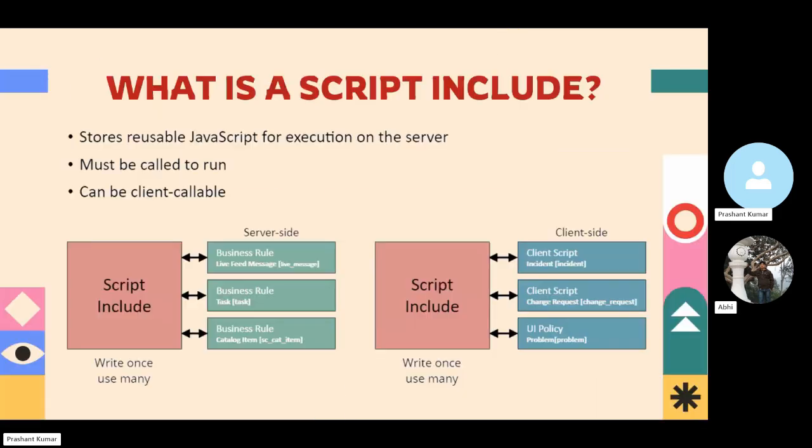So this is another way of calling server-side script in client side. The first way we have already seen, that is g_scratchpad. That is a display business rule, which is used with the onLoad client script. While the form is loading, we can send the server-side data into the client side so as to execute or populate some value on the client side.